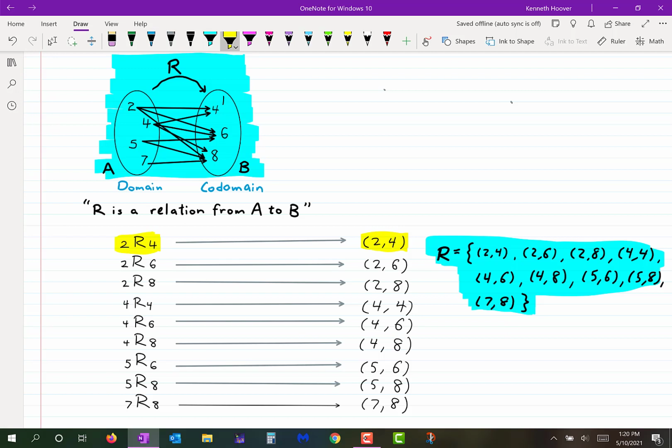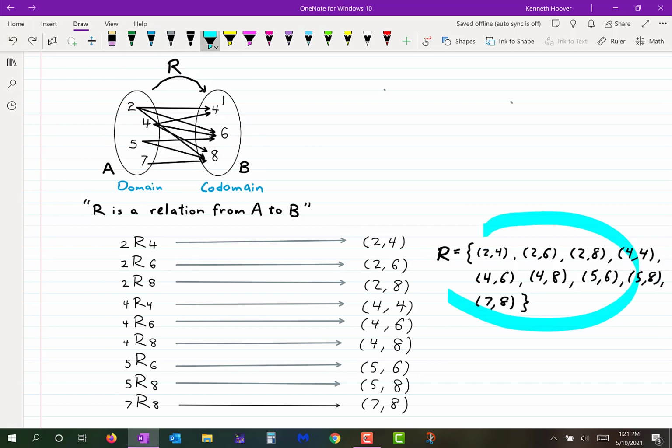Okay? So in yellow, I've shown you how to write individual relationships. In blue, I've shown you how to write the entire relation. Okay, got that?